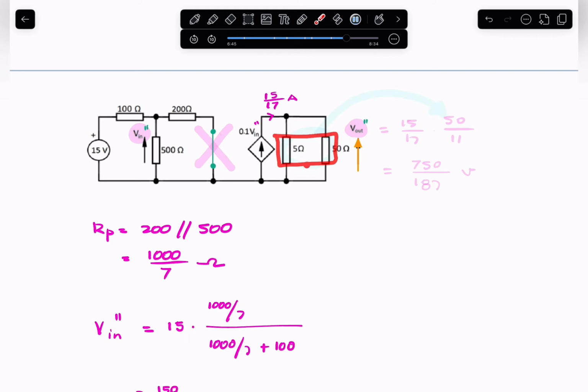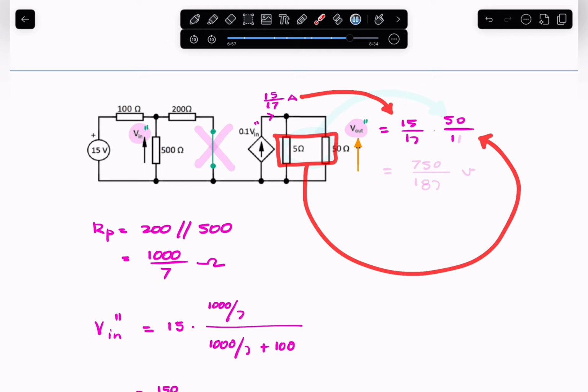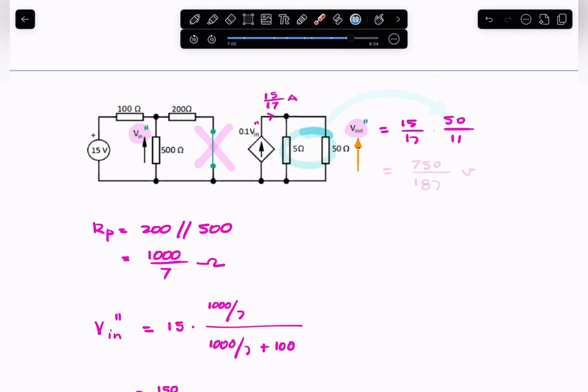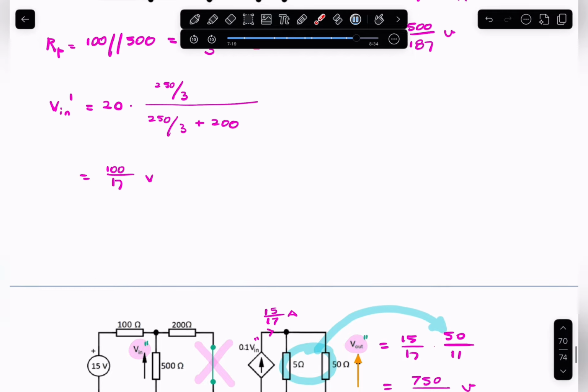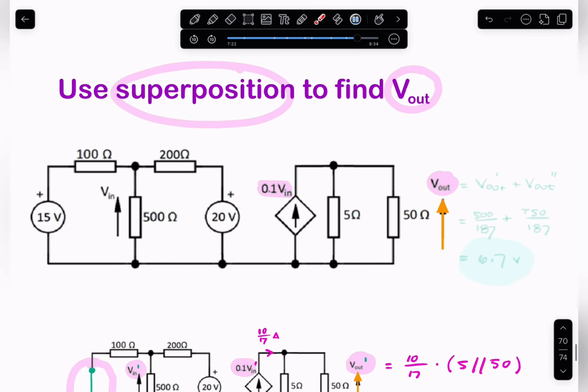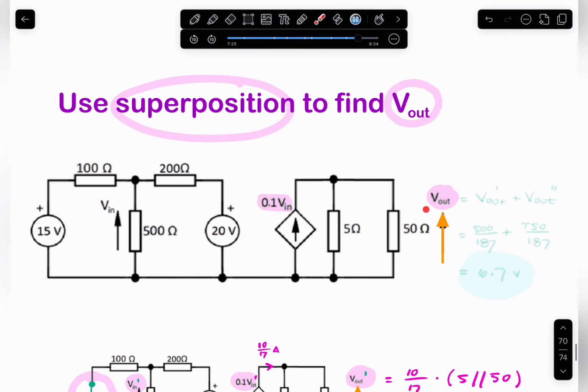So that's 15 over 17 multiplied by 50 over 11. So 50 over 11 is the parallel equivalent of these two. And that will give you 750 divided by 187 volts.